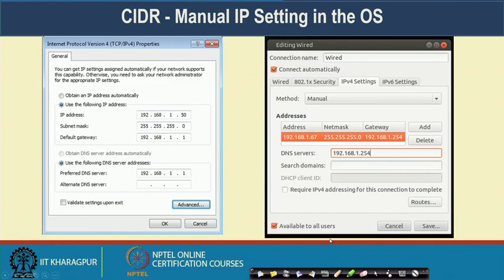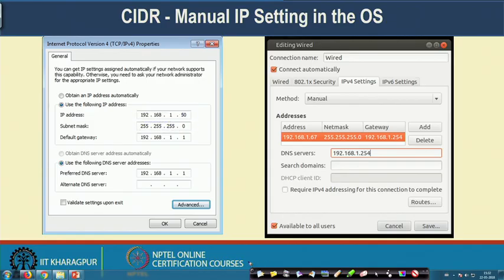Okay. In case of CIDR, if you have done manual IP settings in different operating systems, you have to provide the IP address and the corresponding subnet mask, and you will see that the subnet mask is 255.255.255.0. That means the first 24 bits are the subnet IP and the remaining 8 bits are used to denote the host address.